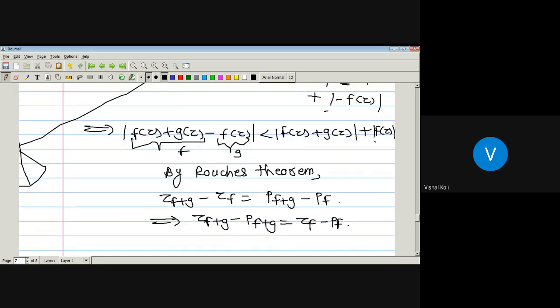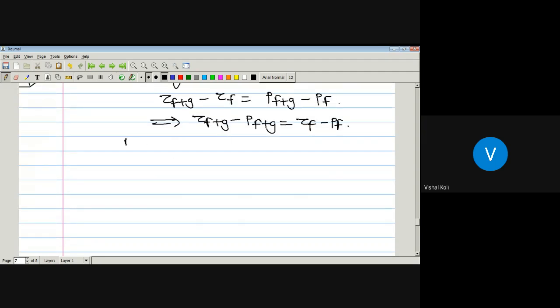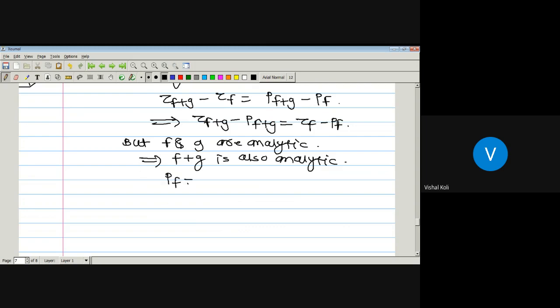Again here f and g are two analytic functions, and by the algebra of analytic functions, if f and g are analytic, which implies f plus g is also analytic. As the functions f and g are analytic and f plus g is also analytic, then it has no singular points. It means P_f is equal to 0 and P_{f+g} is also 0.